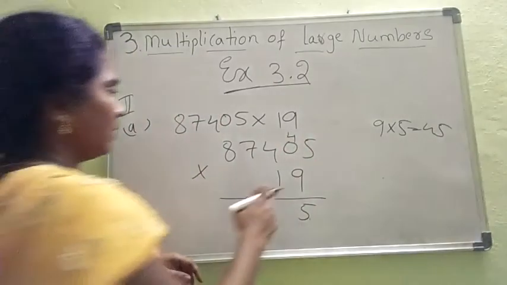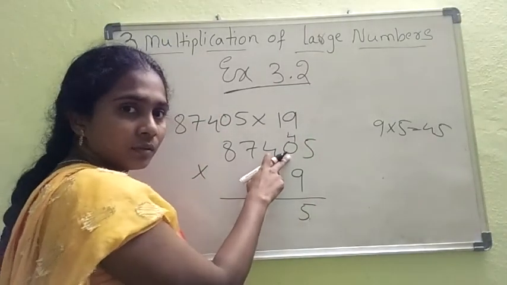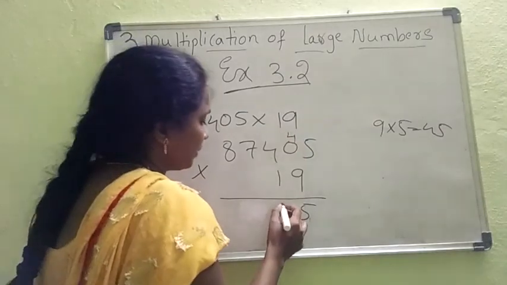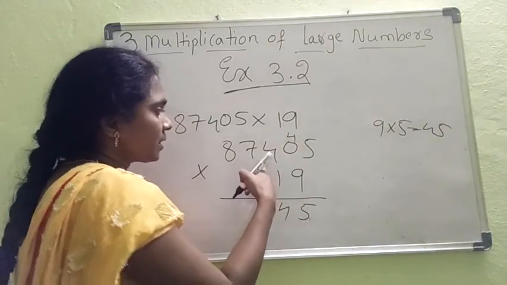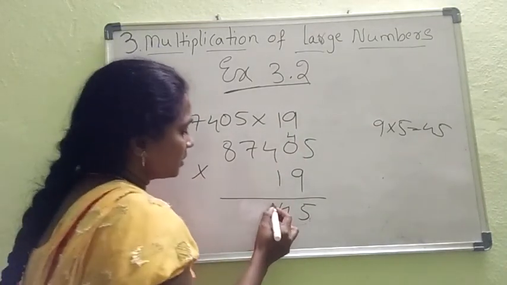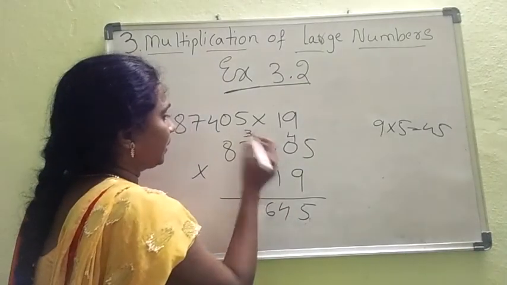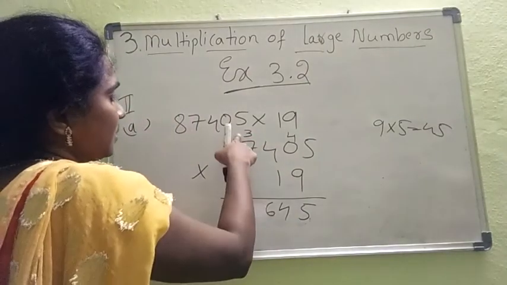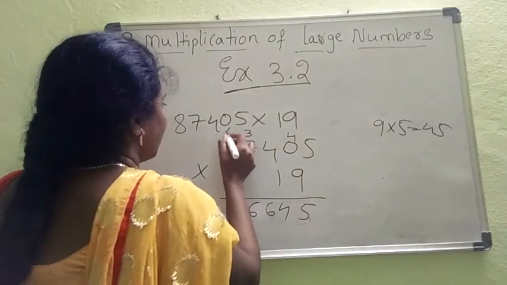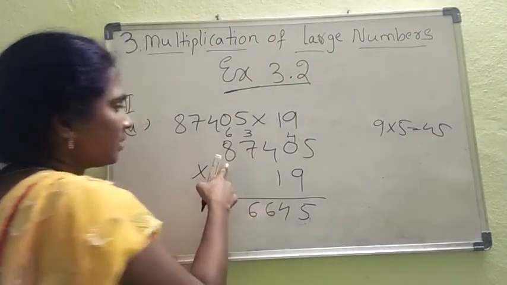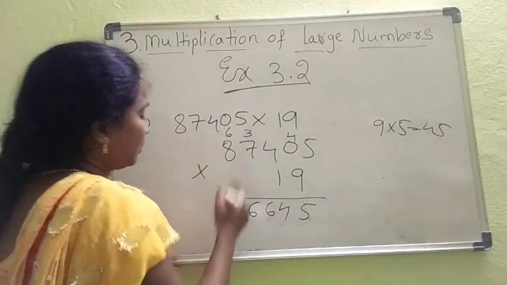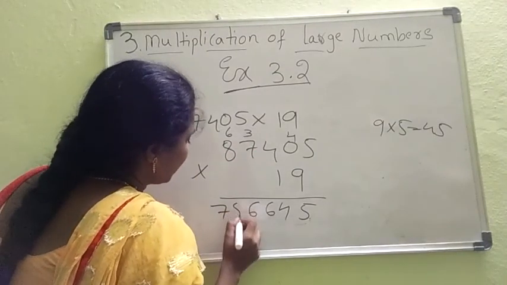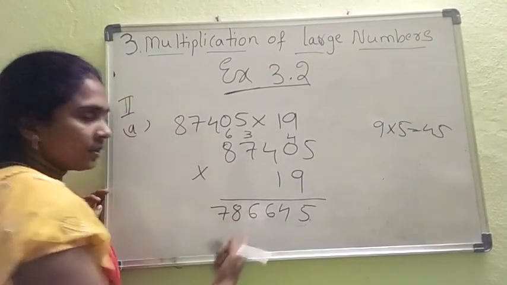Next 9 into 0, 0 only, plus 4. You will write 4 here. 9 4s are 36, right? 6 here, 3 carry forward. 9 7s are 63. 63 plus 3, 66. Next, 9 8s are 72. 72 plus 6, that is 78. Right? This is the first step.